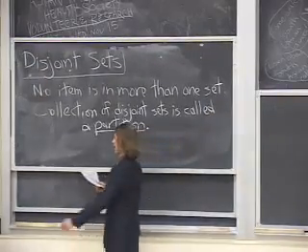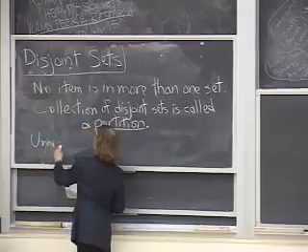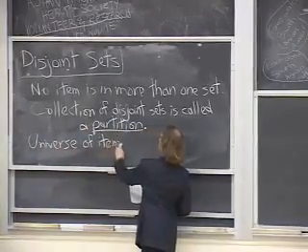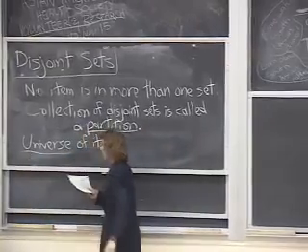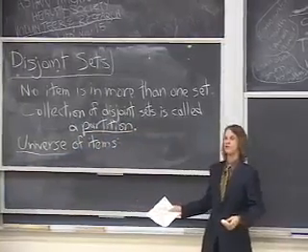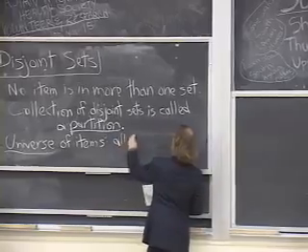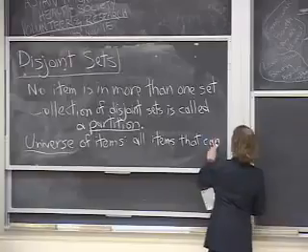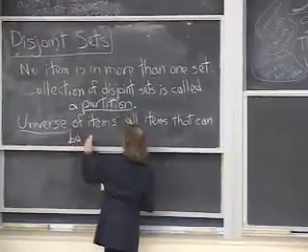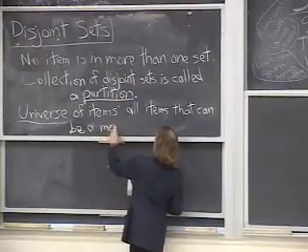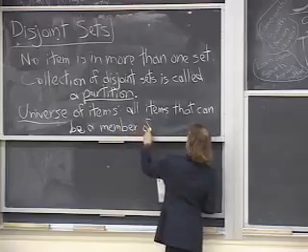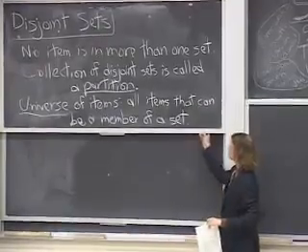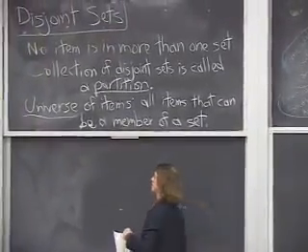So we assume that we have a universe of items. And the universe is just all of the items that can be a member of a set. And again, each item is in exactly one set.